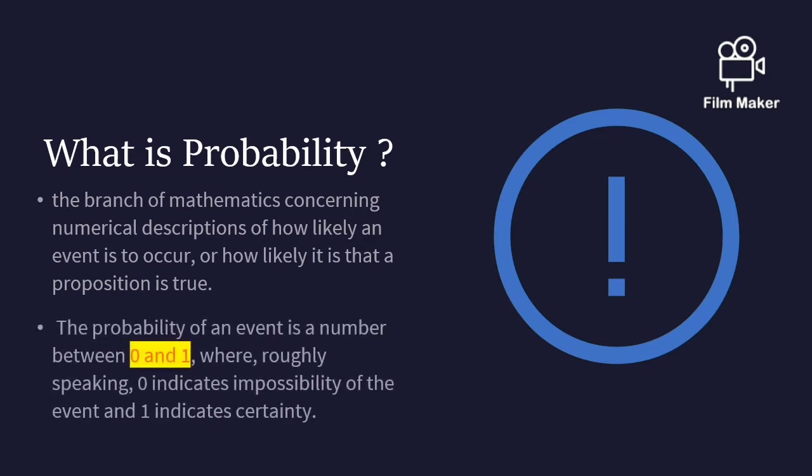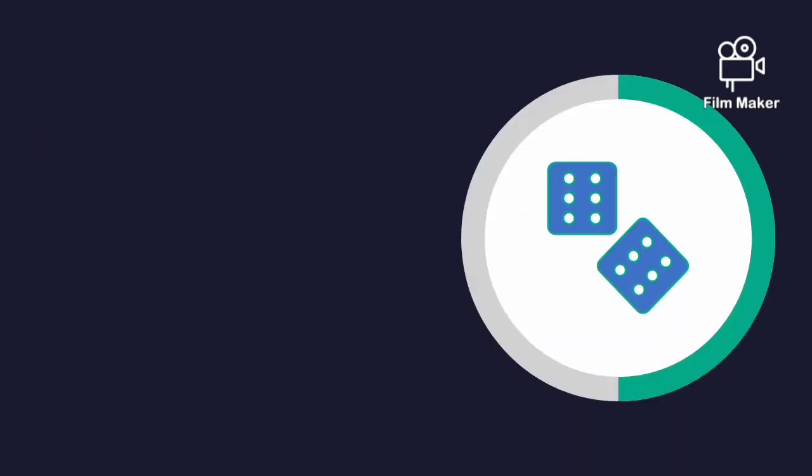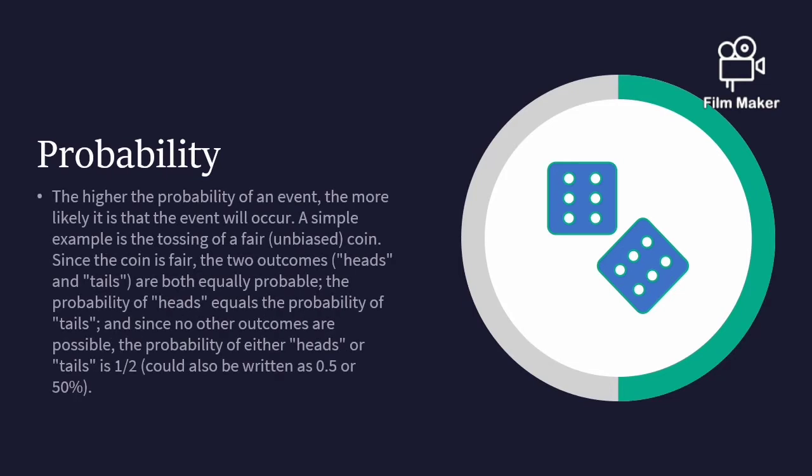The probability of an event is a number between 0 and 1, where roughly speaking, 0 indicates impossibility of the event and 1 indicates certainty. The higher the probability of an event, the more likely it is that the event will occur.